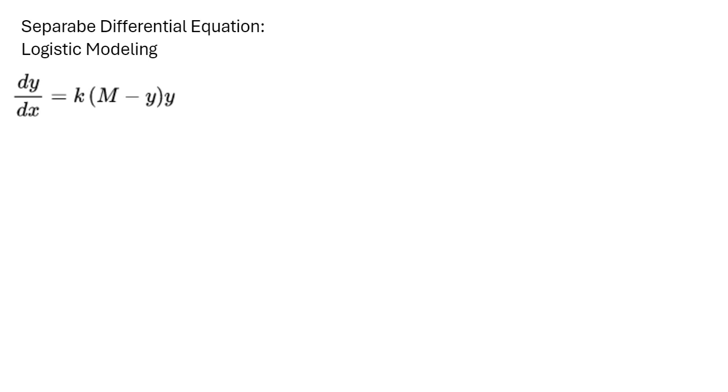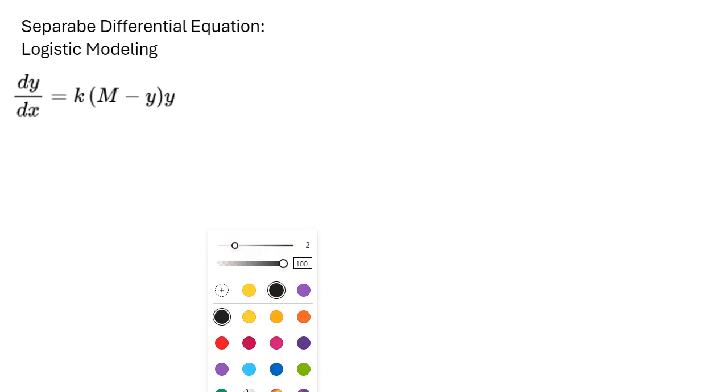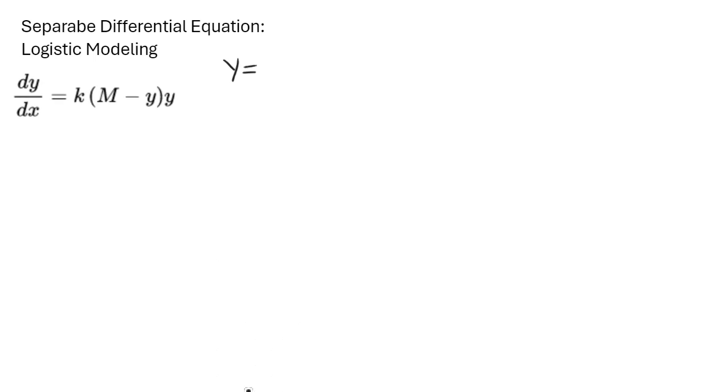In some cases, we might use the terminology that m represents a population, k is a growth constant, and y is the function that we're looking for, which in this case will equal the function that we describe as y equals f of x.